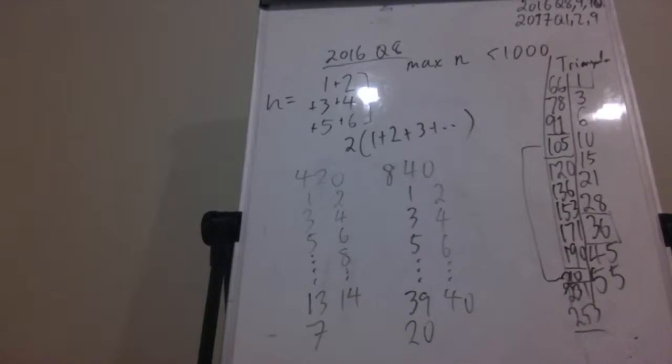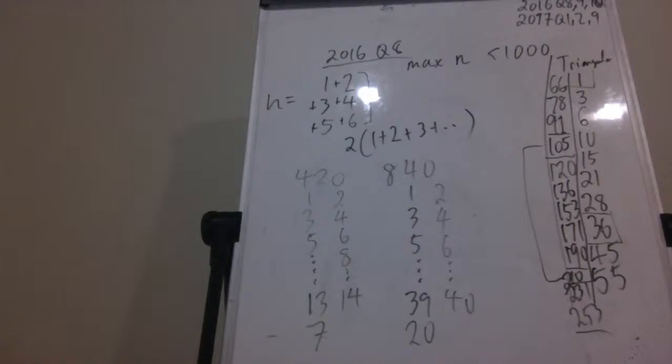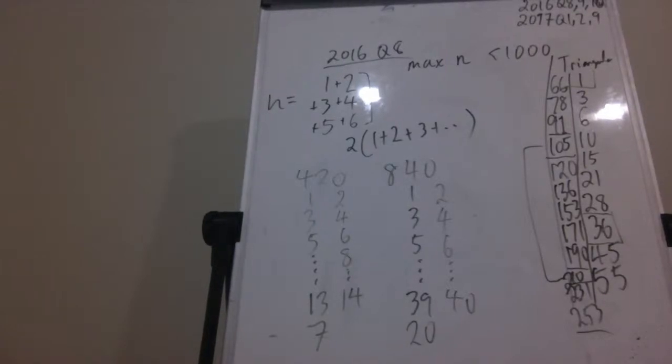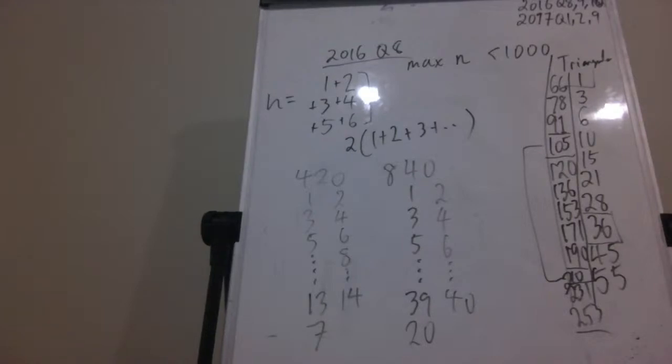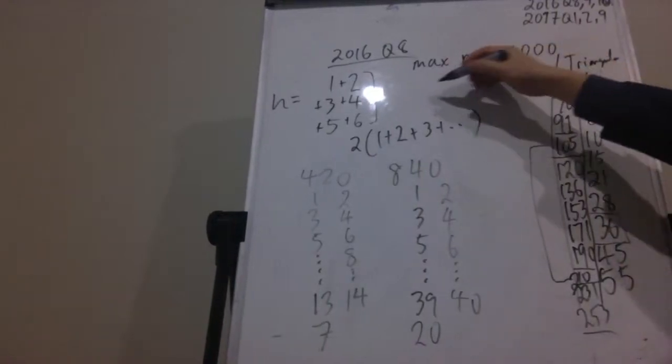So you check that, like, was it 880 something? Checking might be good. Bigger than 840, we need something that's 2 times the square. 20 squared is 400.